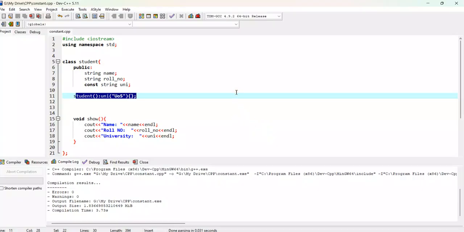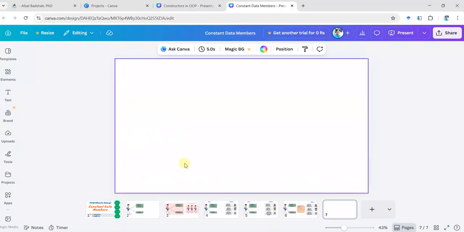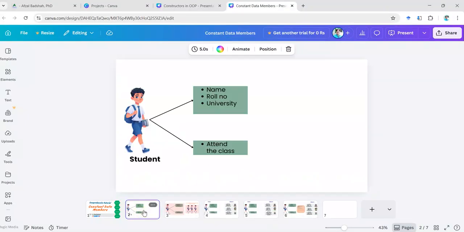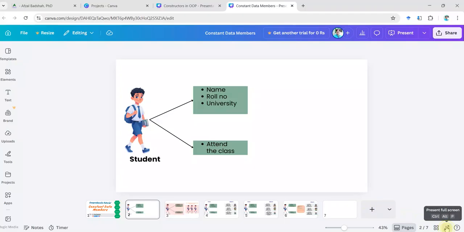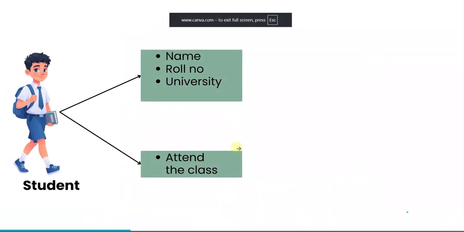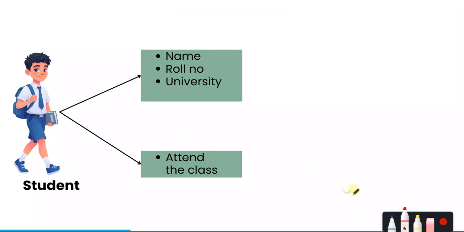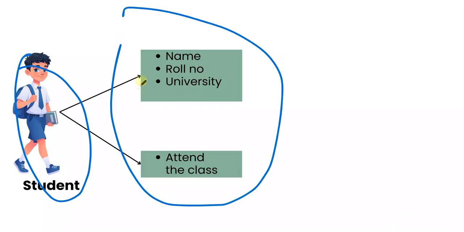So this is enough for today. We discussed the constant, and you observe that constant is also important for us. We don't want to change their values when the program is used, particularly if we don't want to allow the student to change the university name, then we need to keep the university name constant or fixed.